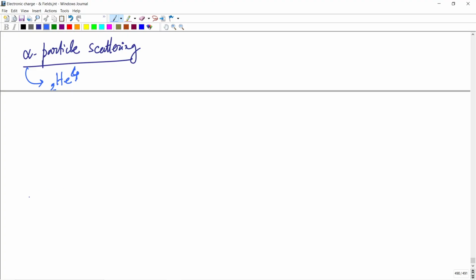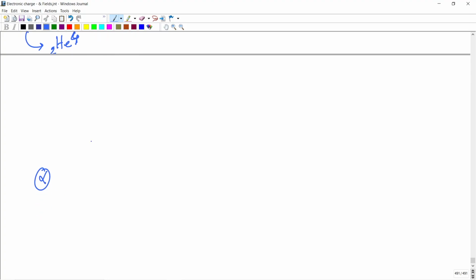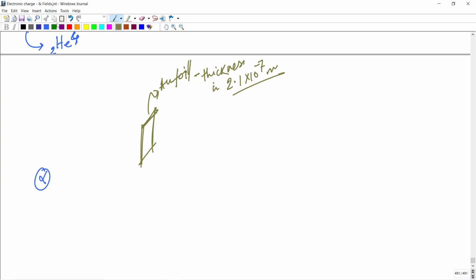Here is the alpha particle source, and a very thin gold foil is placed in its path. The thickness is 2.1 × 10^-7 meter, a very small thickness.